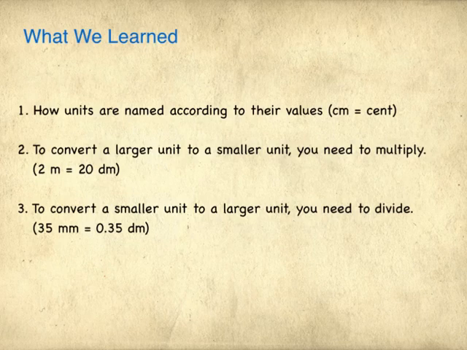Let's review what we learned. First, we discussed how units of measure are named according to their values. So, for example, the word cent appears in centimeters, describing its relation to a meter. Secondly, we learned that to convert a larger unit to a smaller unit, we need to multiply.